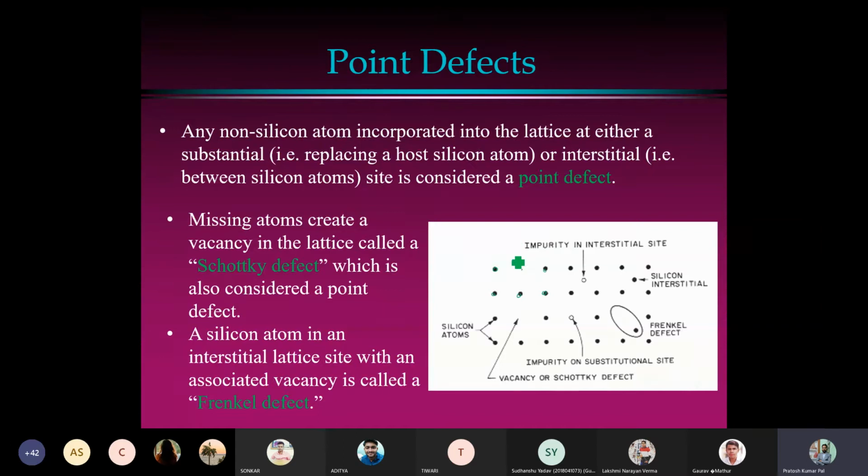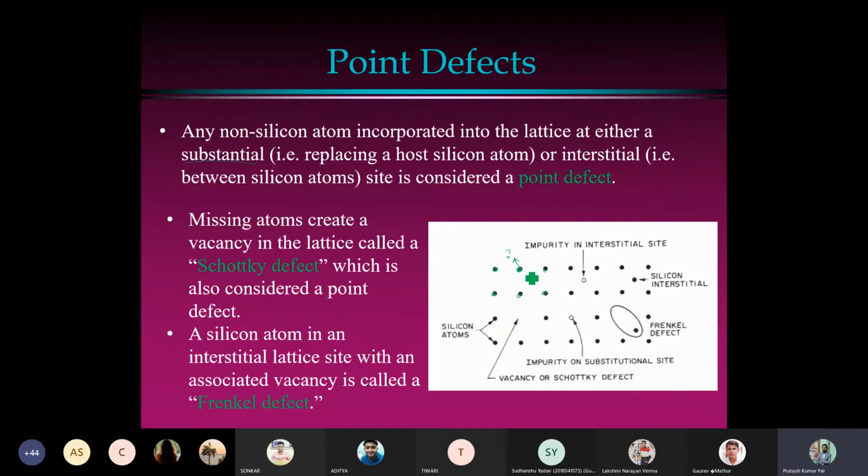In this, there should be only silicon atoms because it is a silicon lattice, but there may be some defects where instead of silicon, some other element is there in this crystal. This type of defect is called a substitutional defect, or substitutional atom in the silicon crystal. Instead of silicon, there is some other impurity in place of silicon. So this will be called a substitutional defect.